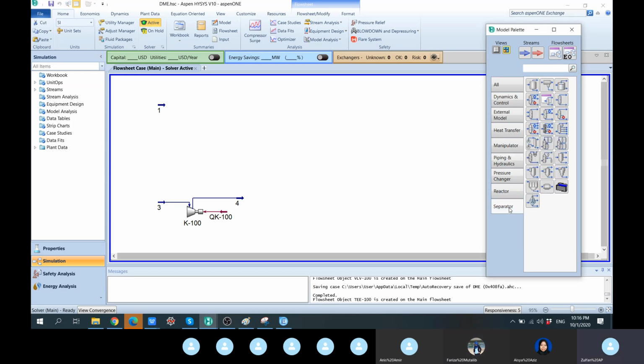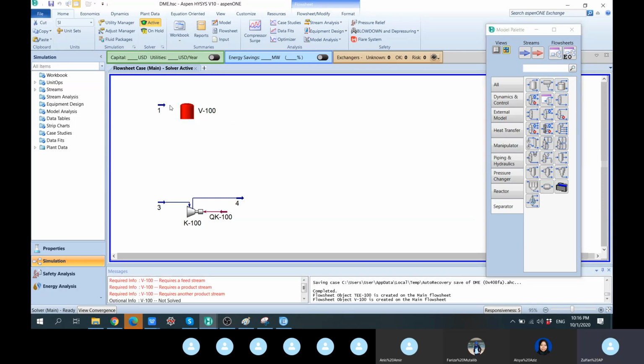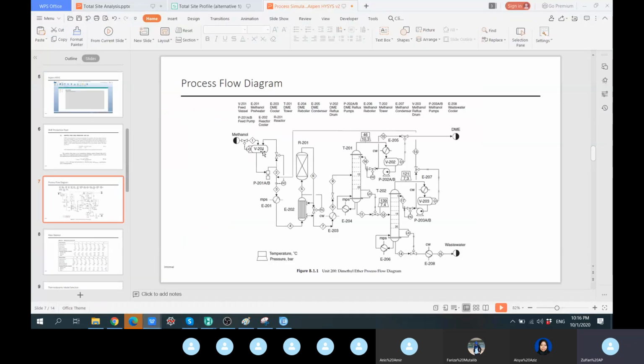You can have a separator or a three-phase separator, or simply a tank. But this tank is none other than the separator, and then we'll see that this is V201.